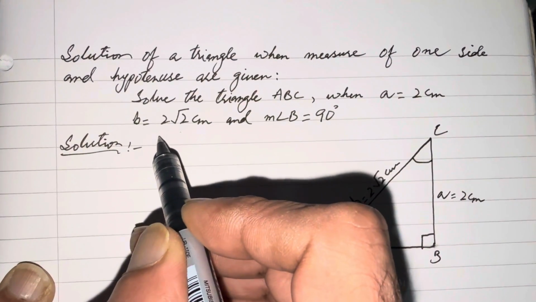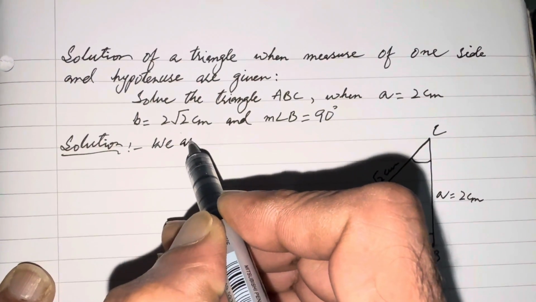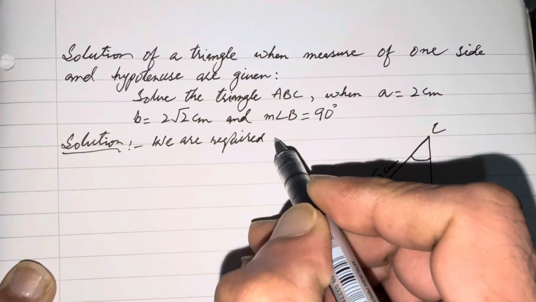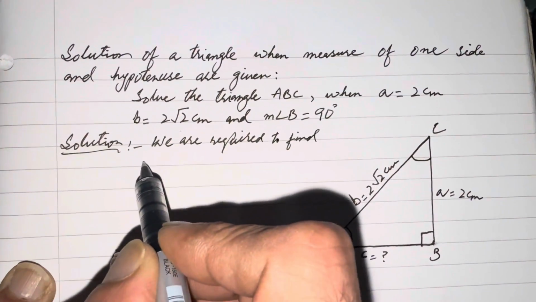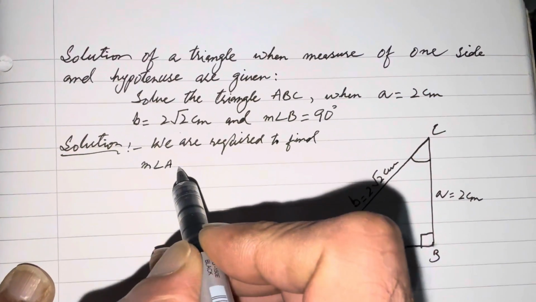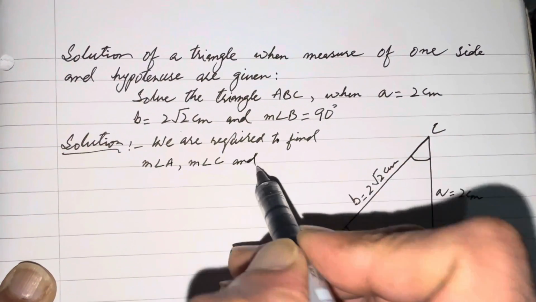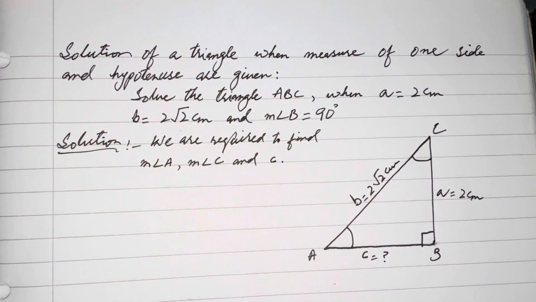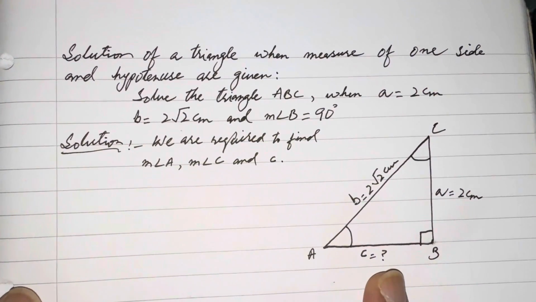So in these given conditions, we are required to find the measure of angle A, measure of angle C, and the length c. So these are the three things that we have to find. So first of all, we have to find the length of the third side of the right angle triangle.